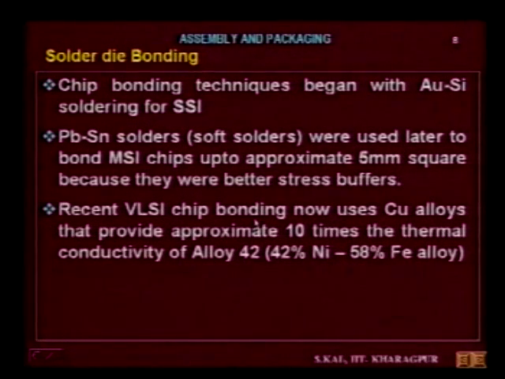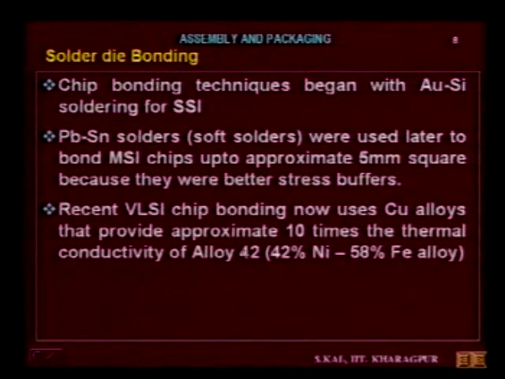Recent VLSI chip bonding uses copper alloys that provide approximately 10 times the thermal conductivity of alloy 42. Alloy 42 is another solder material which is made using 42% nickel and 58% iron alloy.